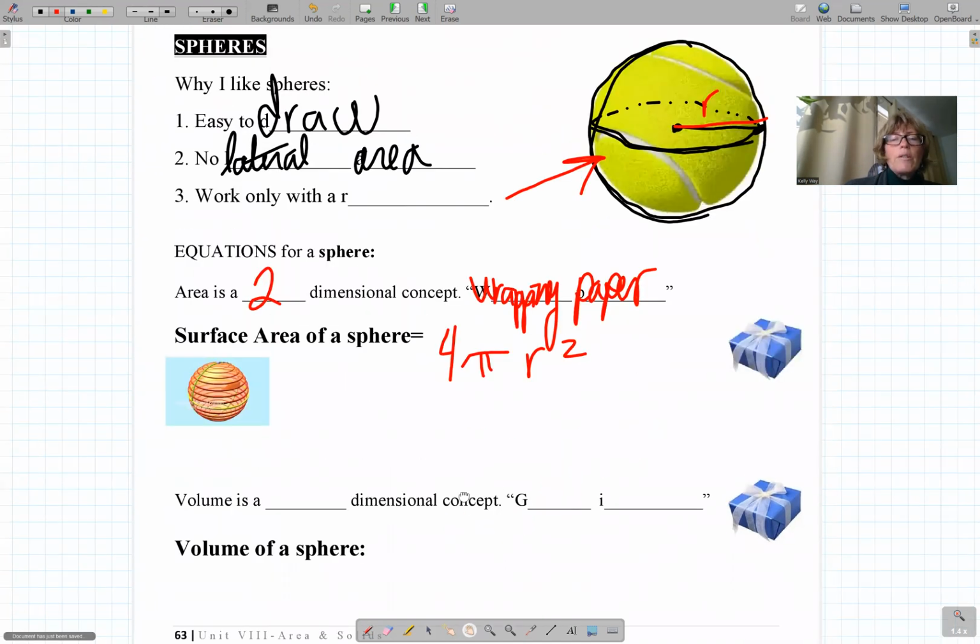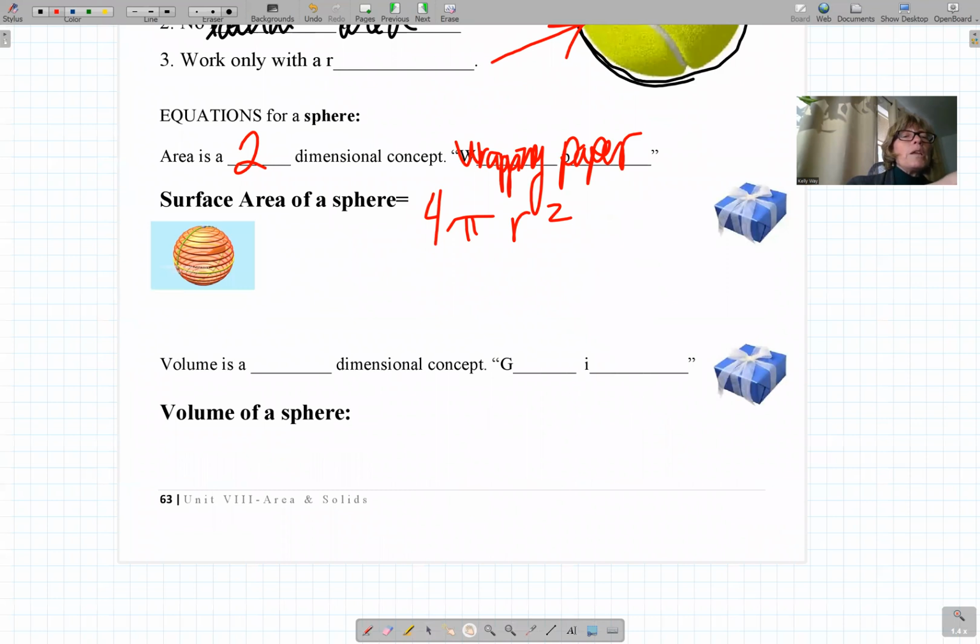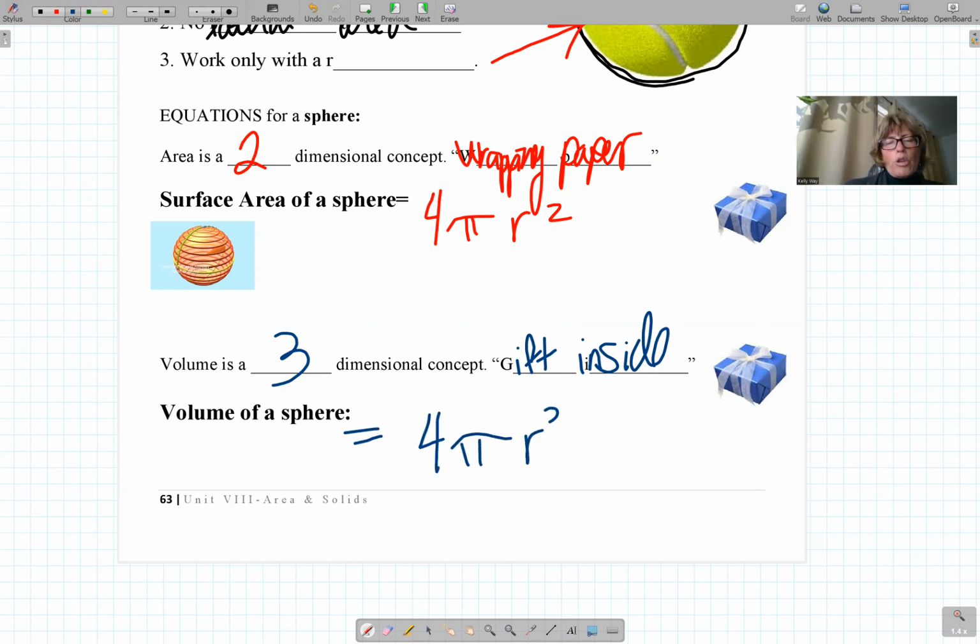That's for surface area. Volume is a 3-dimensional concept. Think the gift inside. Volume of a sphere, 4 pi r cubed over 3.